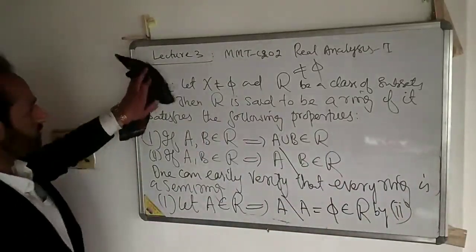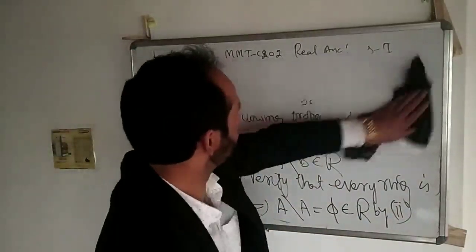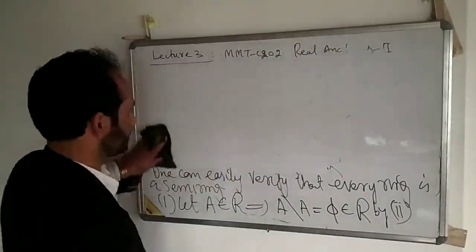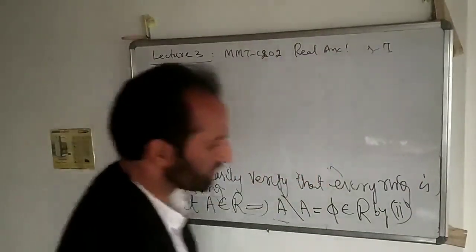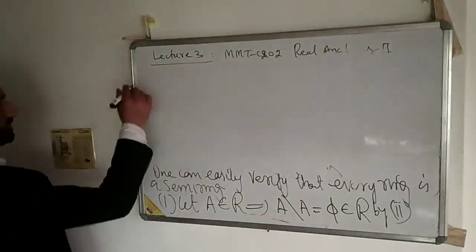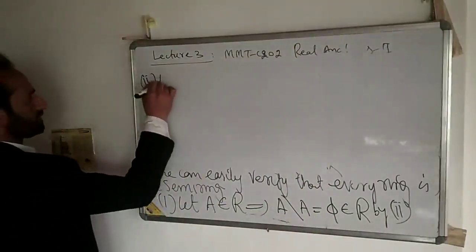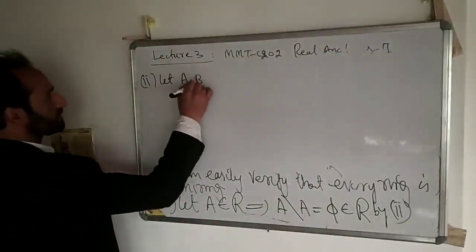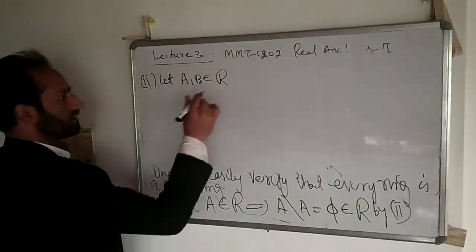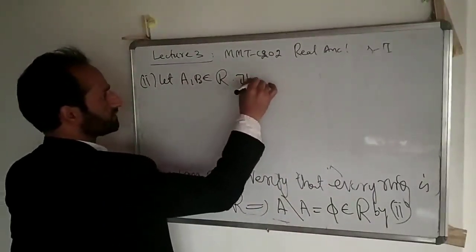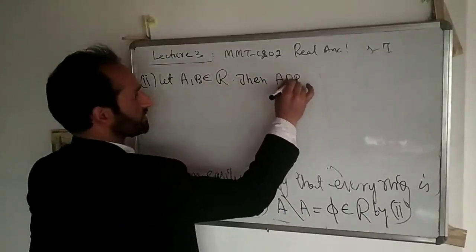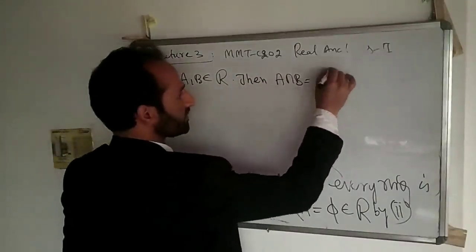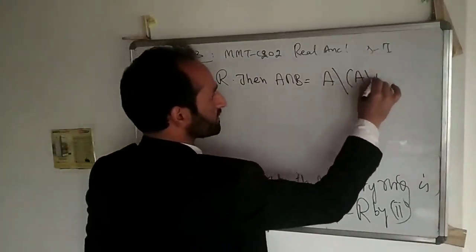Now we prove its second property. The second property means we show that it is closed with respect to intersection. Let A, B belong to R. Then A intersection B is equal to A minus (A minus B).